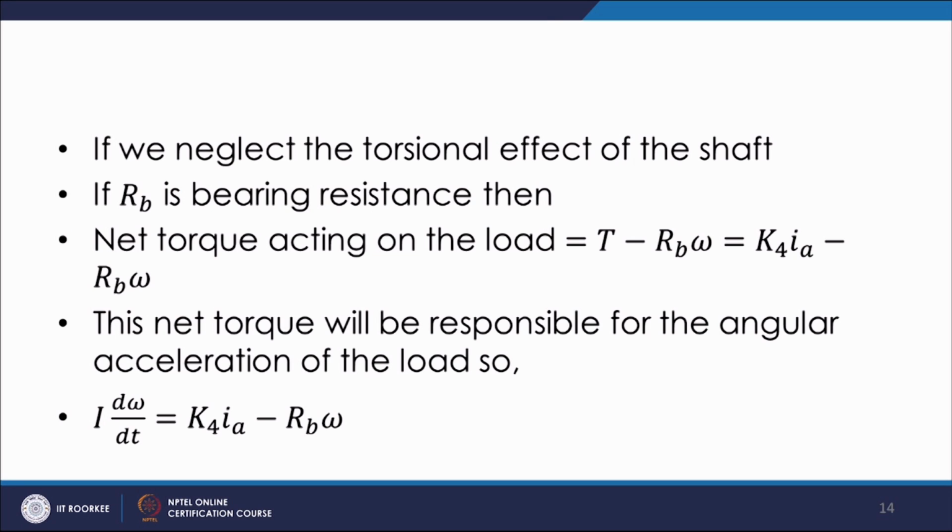Here basically this RB replaces the C, the damping coefficient, which I have shown in the previous schematic figure, okay. So, the net torque acting on the load is T minus RB omega, and I can substitute for this T, that is K4 IA minus RB into omega, okay, and this net torque will be responsible for the angular acceleration of the load, okay.